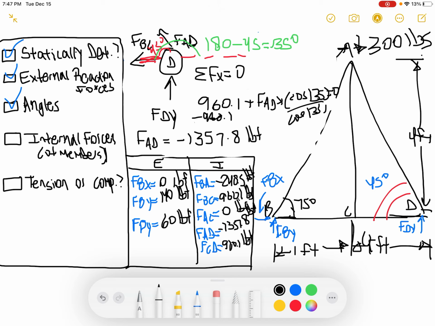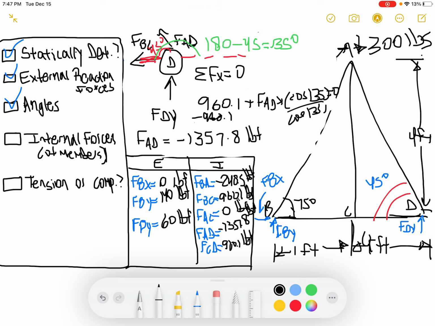So, in case you can't read my handwriting, the external forces are 0 for FBX, 140 for FBY, 60 for FDY. And for the internal forces, we have negative 248.5 for FBA, 960.1 for FBC, 0 for FAC, negative 1,357.8 for FAD, and 960.1 for FCD.